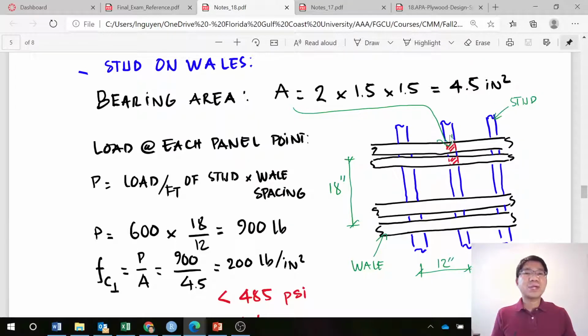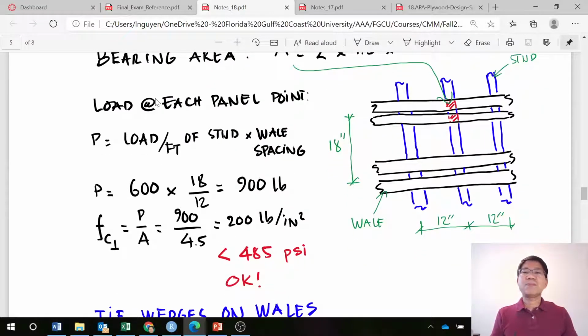So the width of the stud is 1.5, and the width of each wall is 1.5, so with two walls, times 2, it's 4.5 square inch.